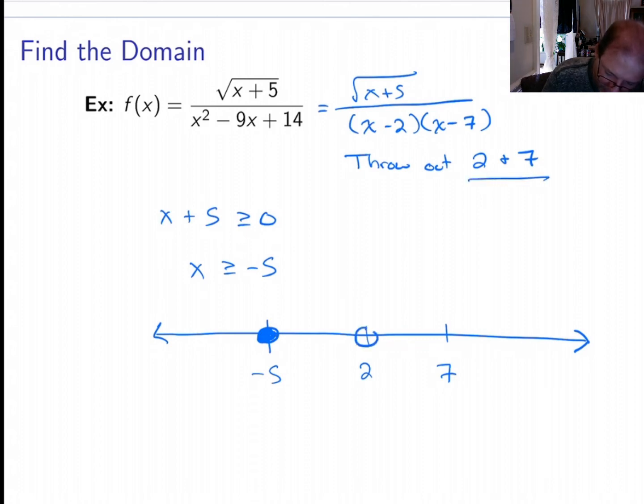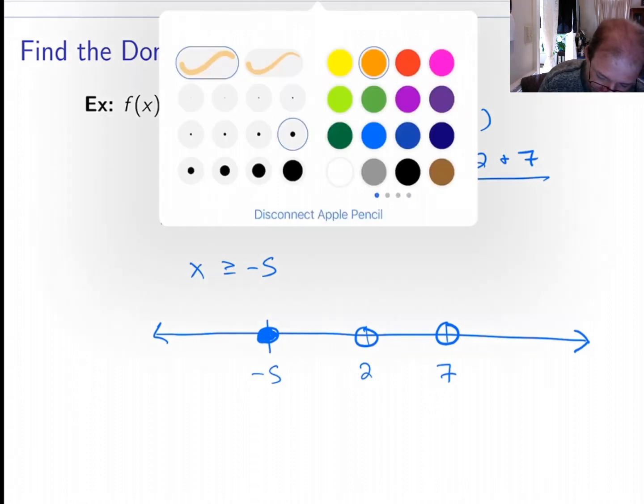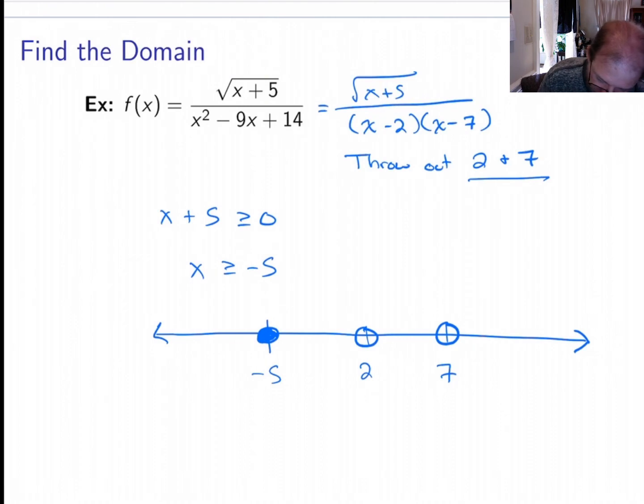So 2 and 7 both are going to have open circles there. And this says x has to be greater than or equal to negative 5, so it's going to be here, going up to here, here, and here.